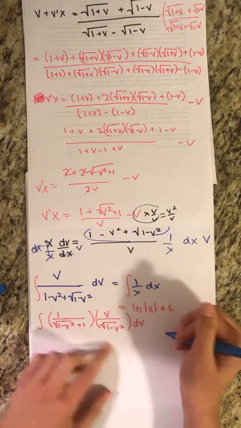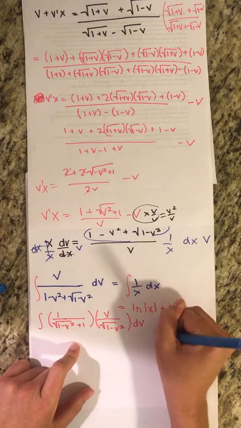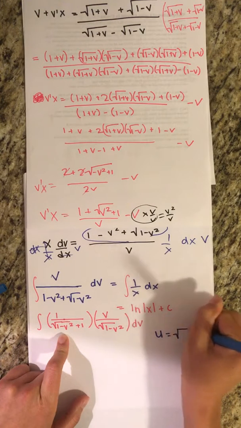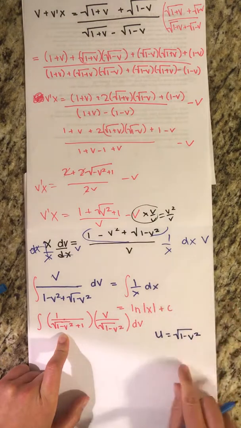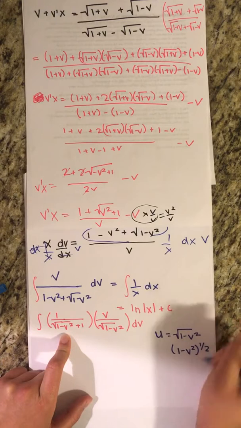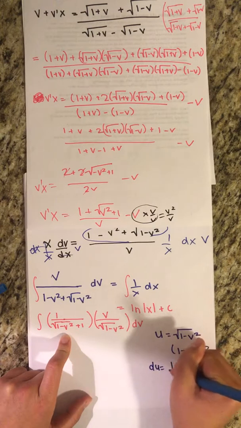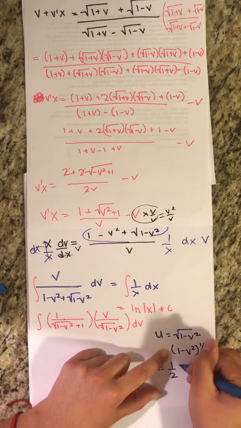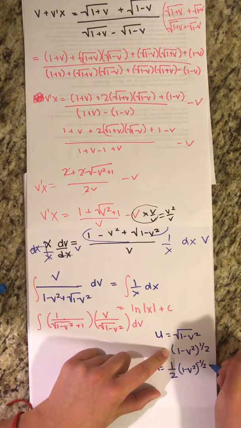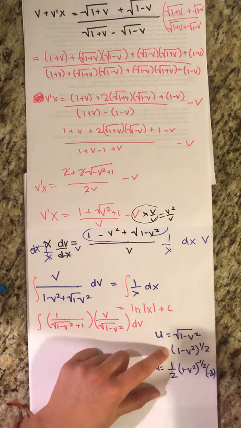You want to use u substitution, where u is going to equal this right here. Or you can rewrite that as this, so du would equal times negative 2v dv. Can you see that? Yeah.